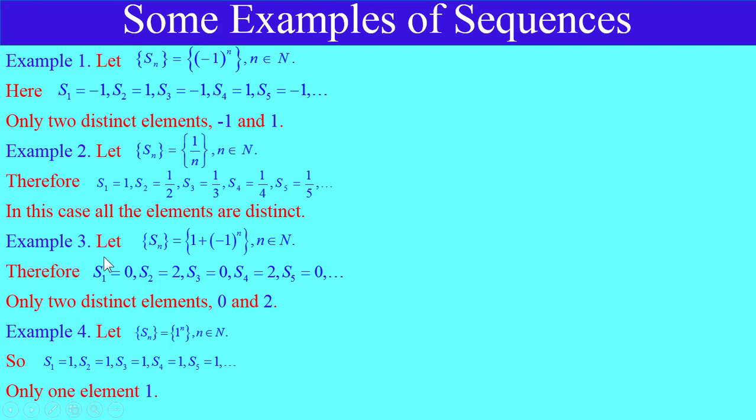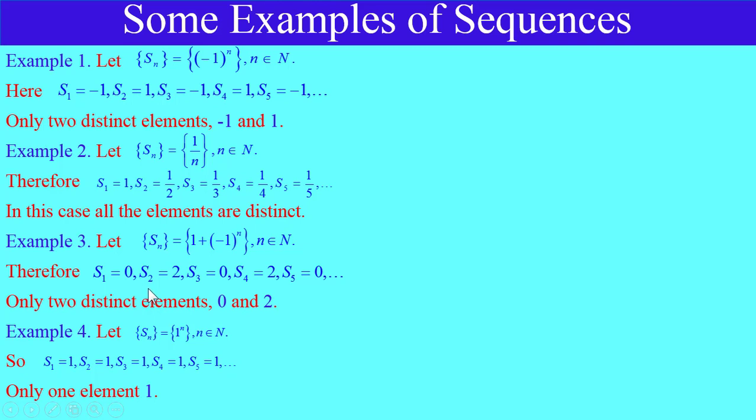Example 3. Let Sn is equal to 1 plus (minus 1) raised to the power n, where n belongs to N. In this case, for n equal to 1, S1 is equal to 1 plus (minus 1) to the power 1, this is equal to 1 minus 1, this is 0.